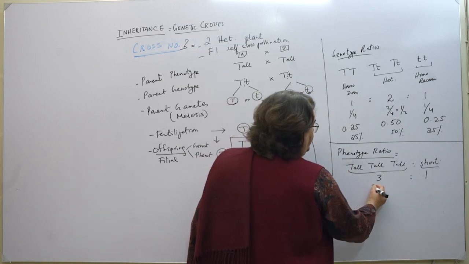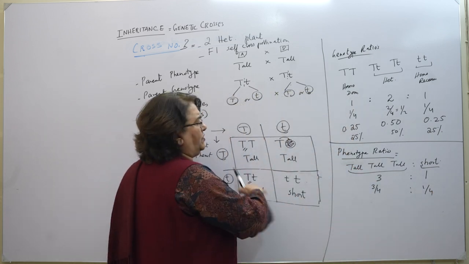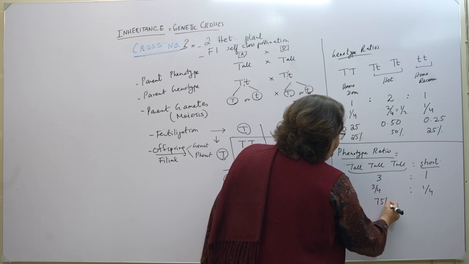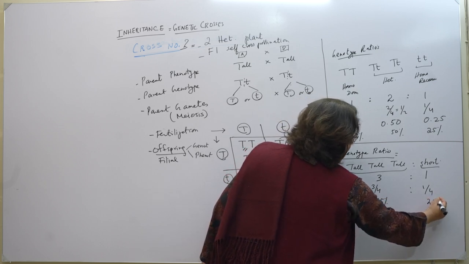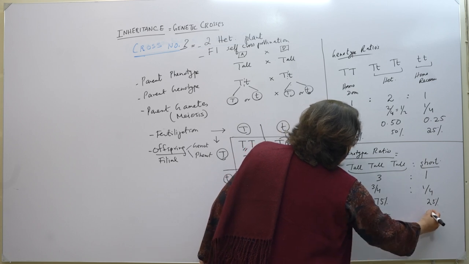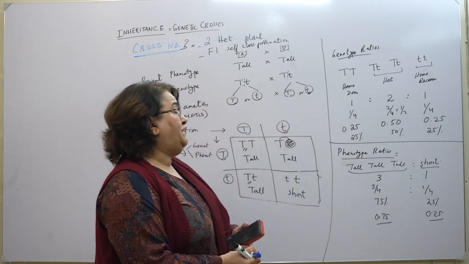And in other words, 3 out of 4 or 1 out of 4. 4 is the total number of squares, and we have this combination. So this would be 75%, and this would be 25%, or this could be 0.75, and this would be 0.25. So that is, now in language, what would we say?